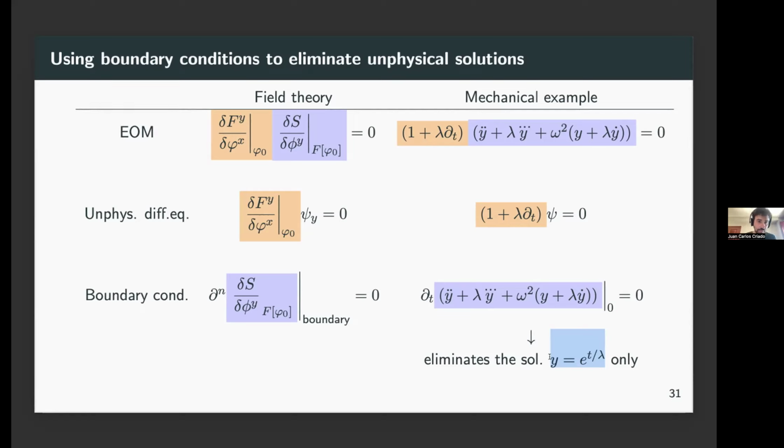Yes, question? So this unphysical boundary condition which you used to remove the unphysical solution: initially, when you wrote the partition function with the path integral measure, it had all possible field fluctuations. So do you introduce an additional delta function for imposing this boundary condition, or how do you do it?